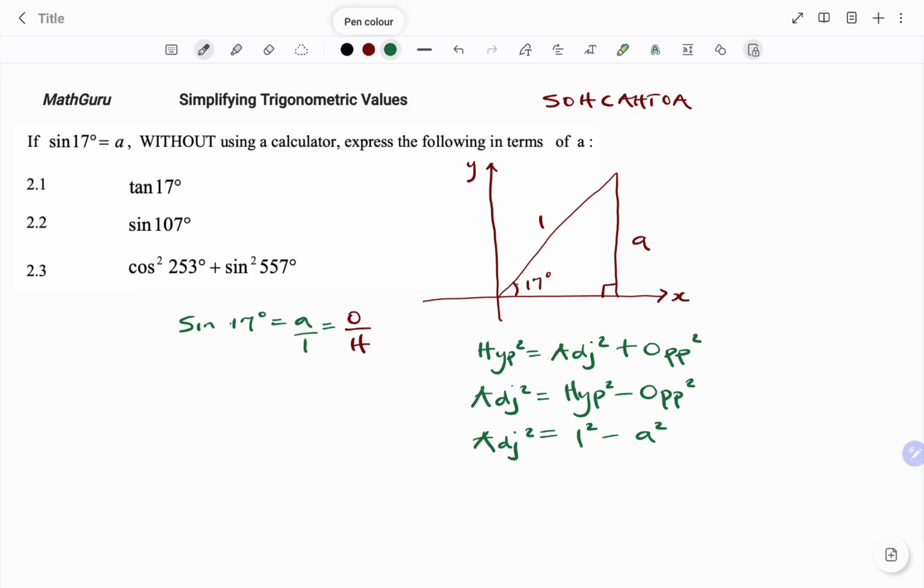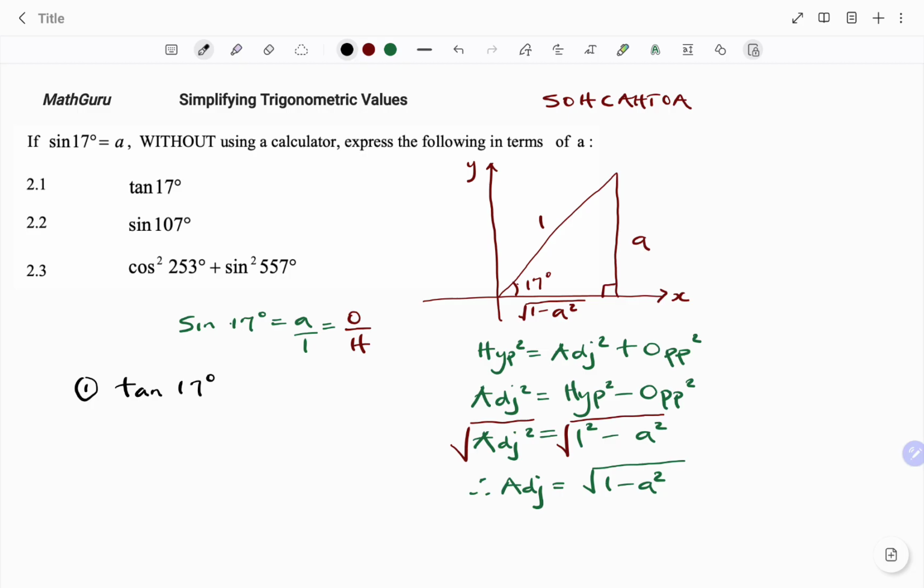To find my adjacent, I'm going to square root both sides, which means my adjacent is equal to the square root of 1 minus A squared. So I'm going to put that back into the diagram. The adjacent will be the square root of 1 minus A squared. Going back to the first part of the question, which says find tan of 17 degrees.